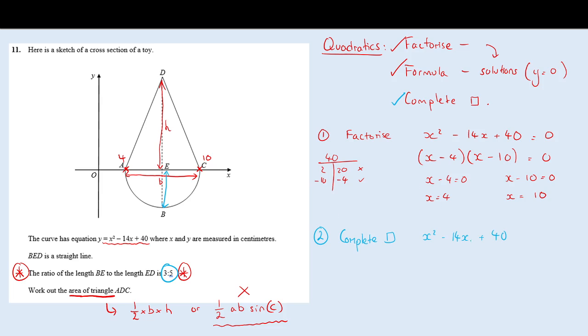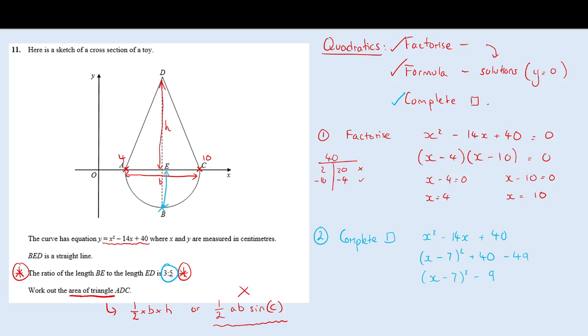Okay, so what we're going to do here is to get our completed square, we're going to do x, take away half of this. Now, we're going to have plus 40 on the end, but we're going to have to take off 7 squared, which is 49. So my completed square, which tells me where my minimum point is, where my vertex is going to be, is this.